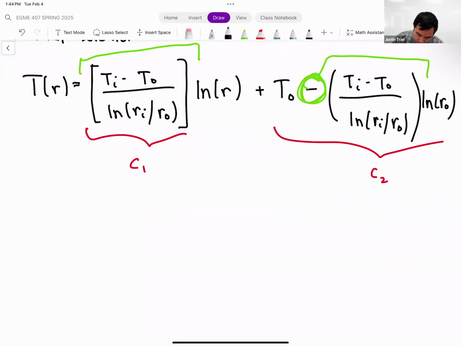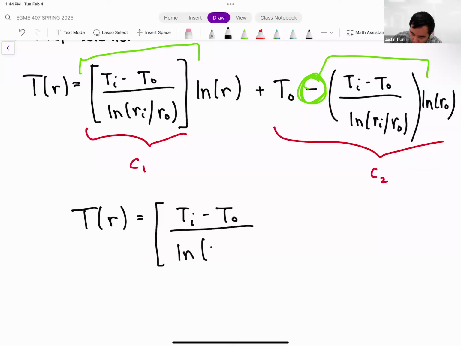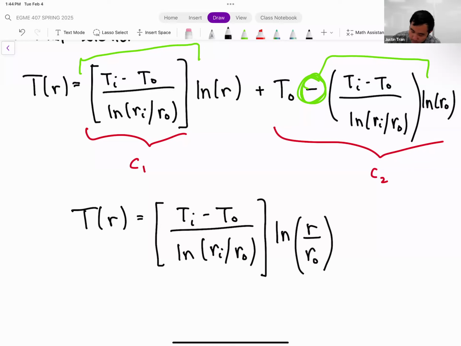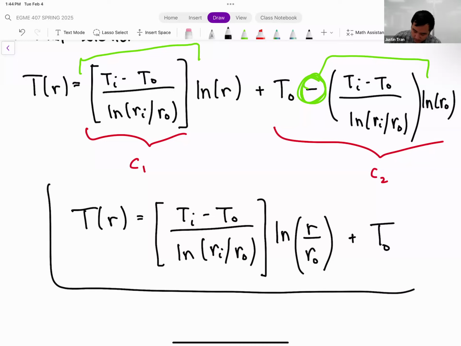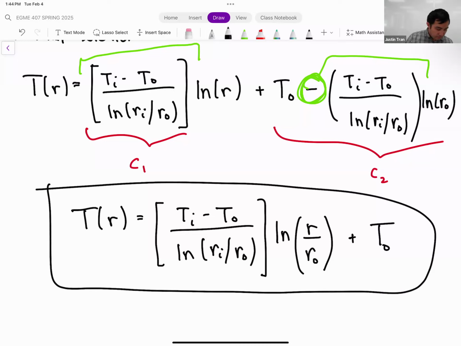Our final solution here is T of r is equal to Ti minus To divided by natural logarithm of Ri divided by Ro, times natural logarithm of r divided by Ro, plus To.